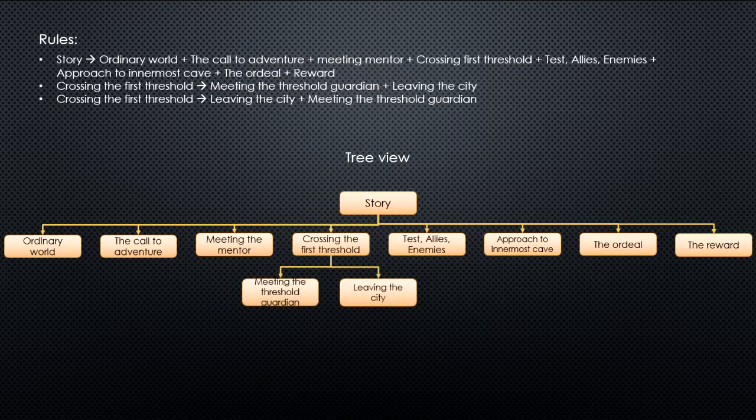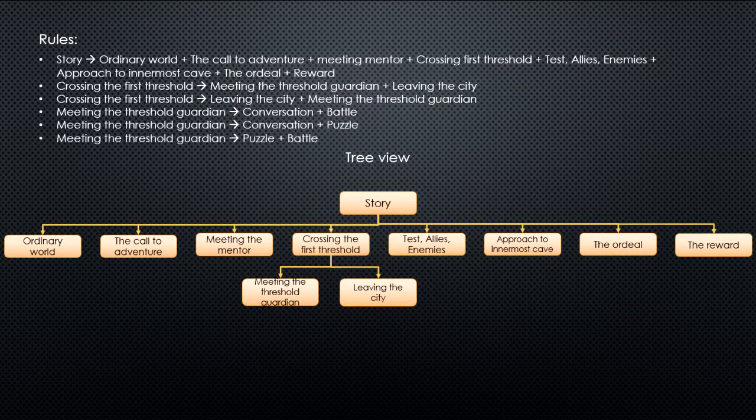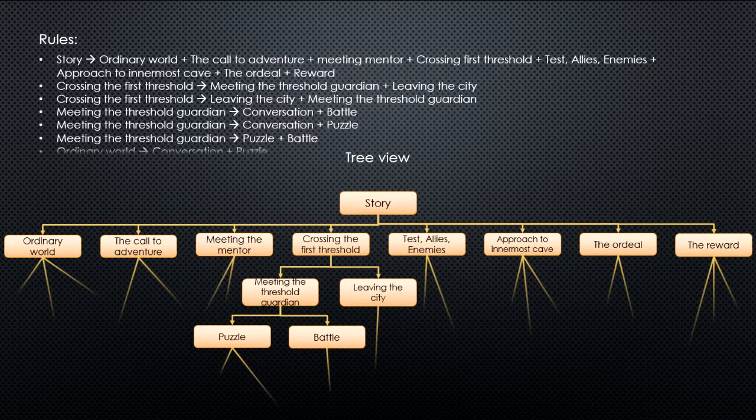Meeting the threshold guardian can have multiple rules. For instance, it could be a conversation, then a battle. It can be a conversation, then a puzzle. Or it might be a puzzle, then a battle, just to name a few. When generating the story, we only choose one rule from the list of possible rules to apply. Adding more and more rules will allow us to generate more complex and varied stories.